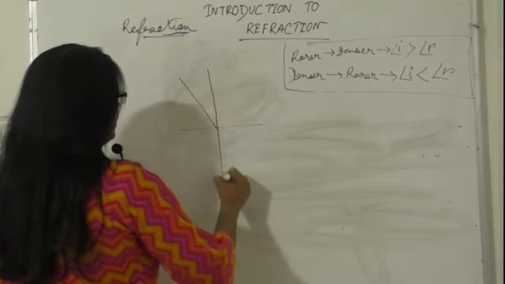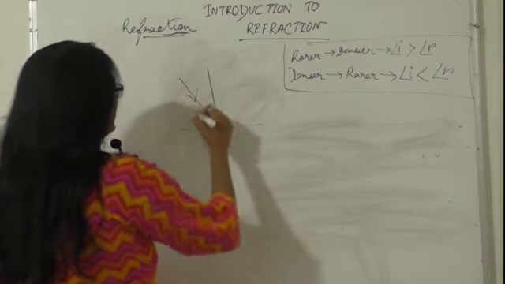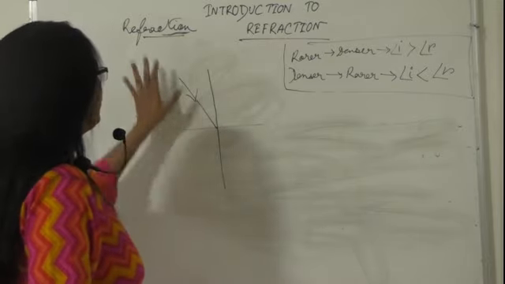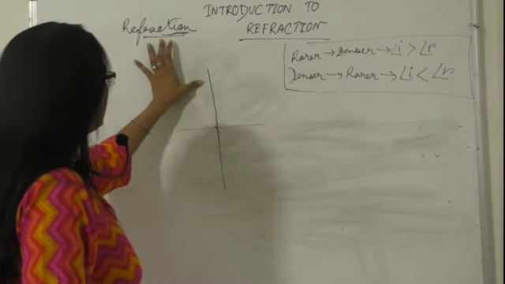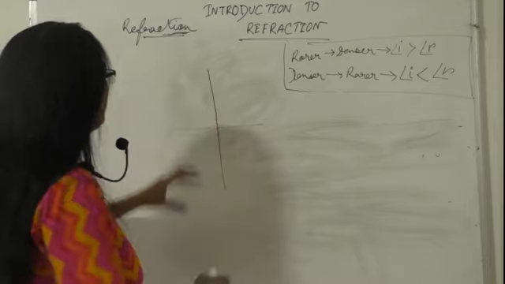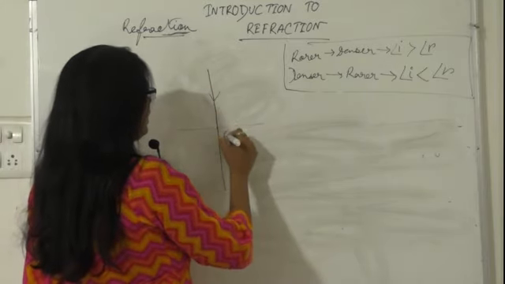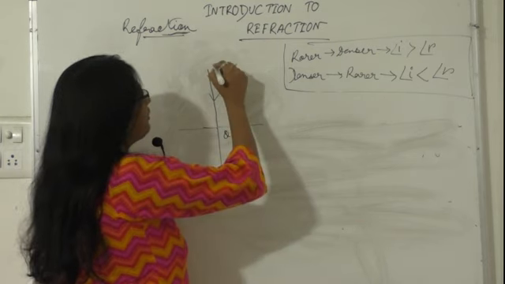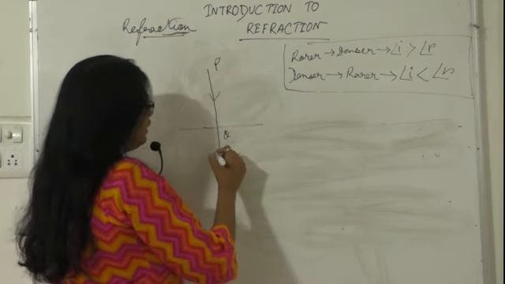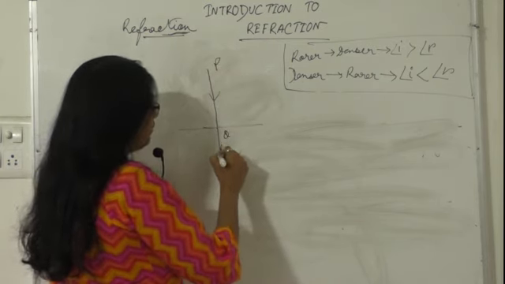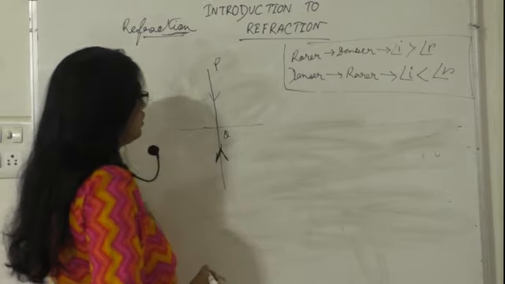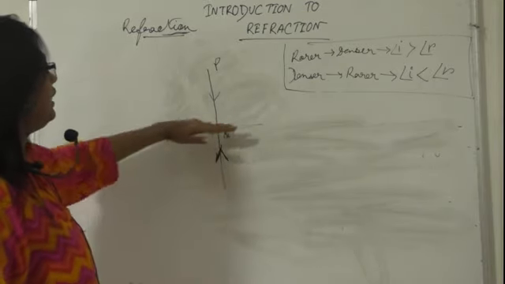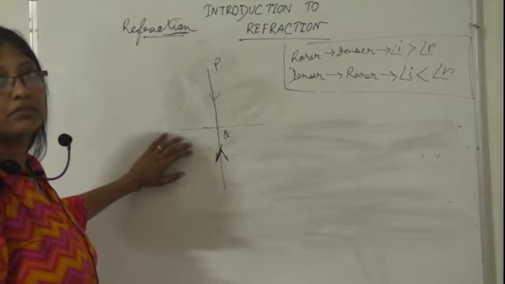This is normal. It is falling obliquely. But if it is not falling obliquely, if it is going through the normal, then what will happen? Then nothing. If it is perpendicular, the refracted ray is also perpendicular to the medium.